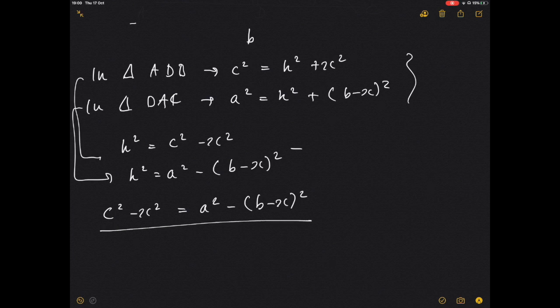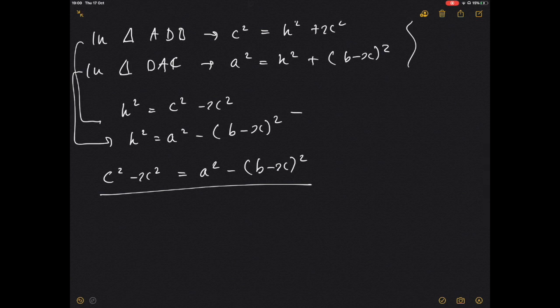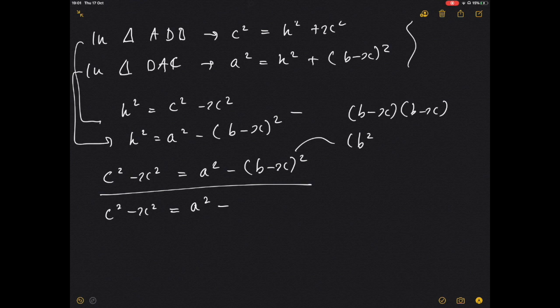So at the beginning of our solution, we can begin to tidy this up a little bit. We need to multiply this out, so (b minus x)(b minus x) is b squared minus 2bx plus x squared. There's a negative here, so we put this through, and that gives minus b squared plus 2bx minus x squared.